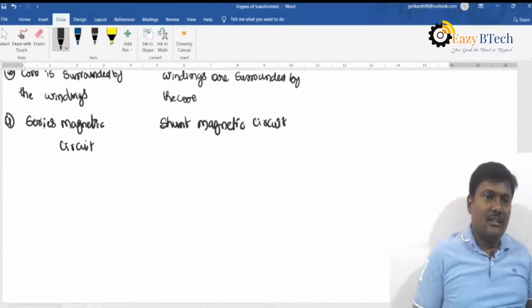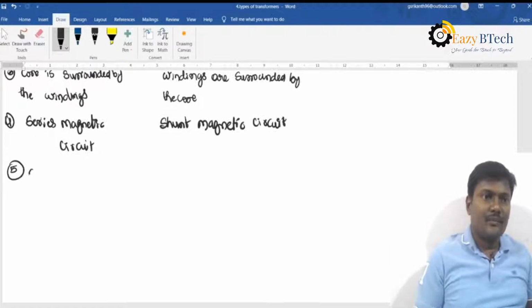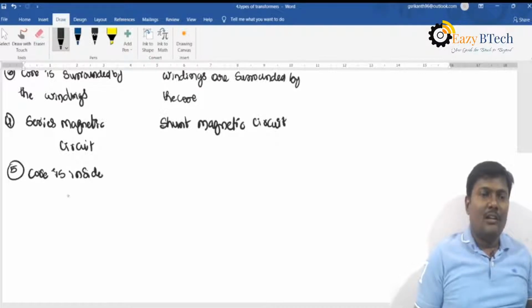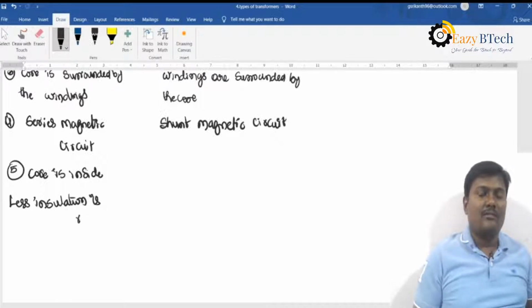Generally in the core type, the core is surrounded by the windings. It has two limbs, so less insulation is required. Here, three limbs are there, so more insulation is required.